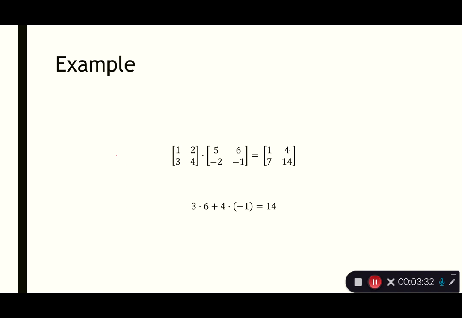As an example, if we want to multiply these two matrices together, the one on the left is 2 by 2 and the one on the right is 2 by 2, so those inner sizes cancel off and we're left with a 2 by 2 matrix as the output. To figure out the entry in row 2 and column 2, we take the dot product of row 2 of the first matrix and column 2 of the second.